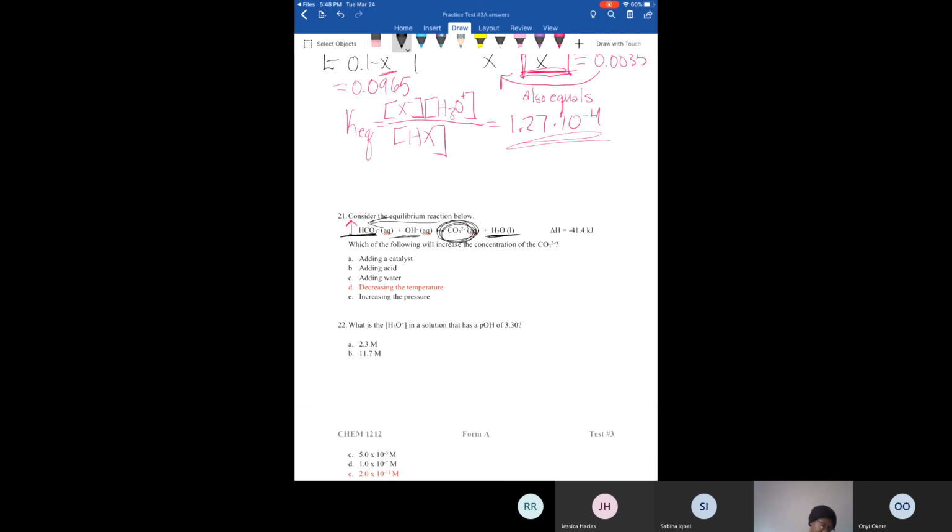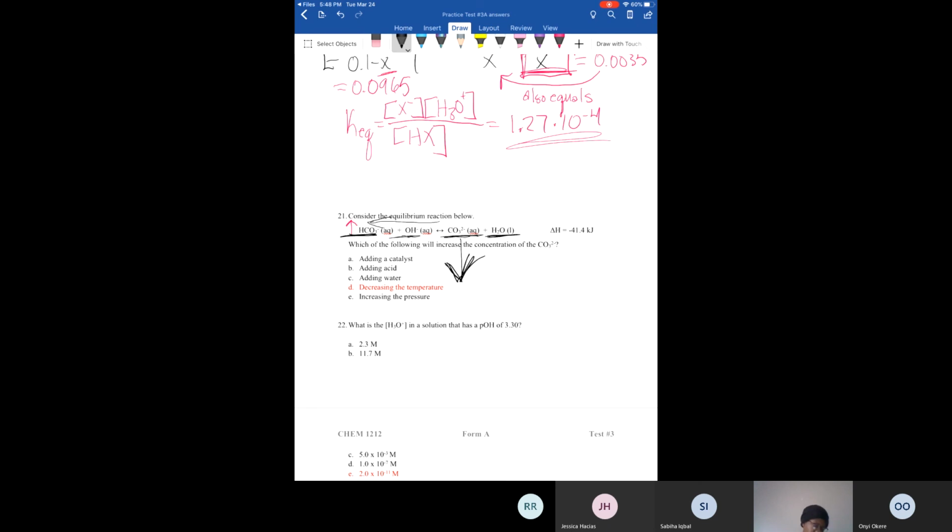So adding acid is going to react with this base here. This base here is stronger than OH minus, so it's going to react more readily when you add acid. So it's actually going to decrease this concentration.